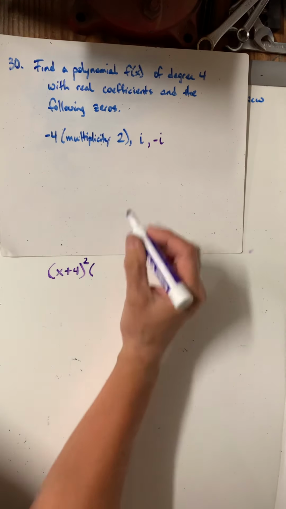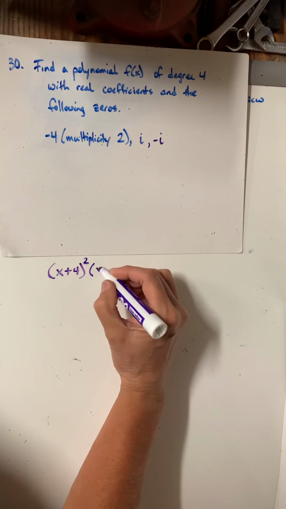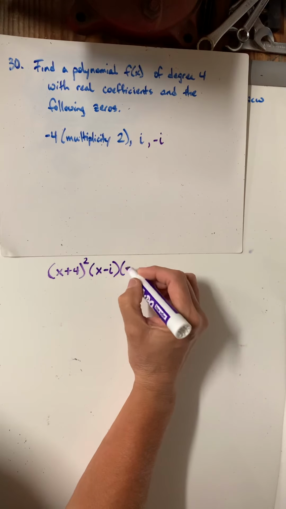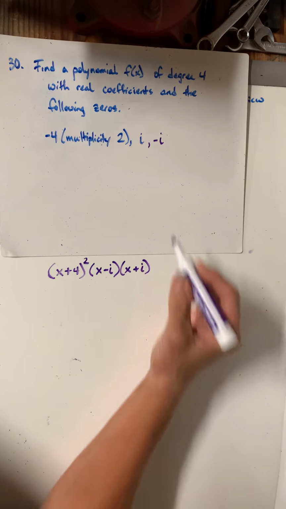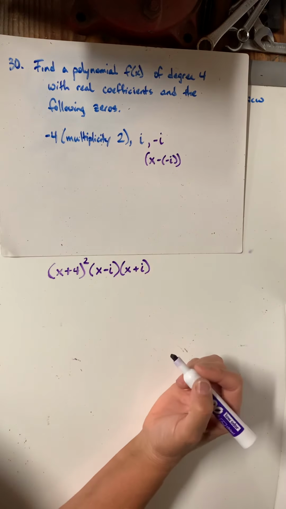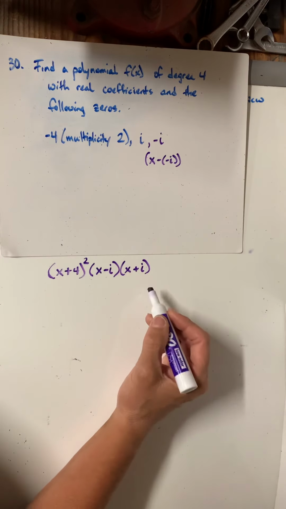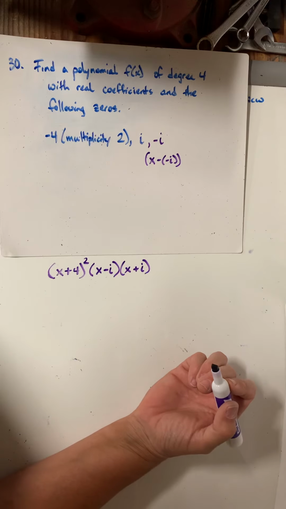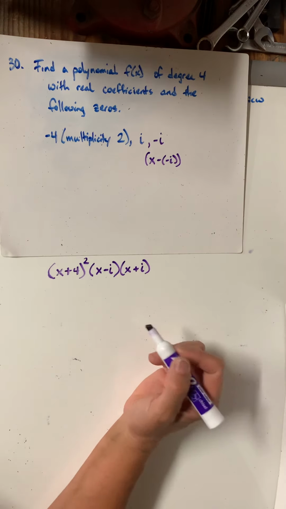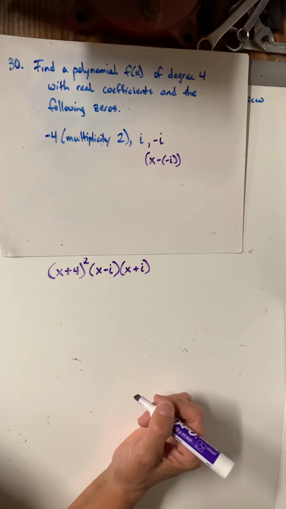So if this is a 0, then the factor is x minus i, and this one would be x plus i, or x minus negative i, which gives me the x plus i. So these are my linear factors, and what they want me to do is multiply these all out so that I get a polynomial of degree 4.